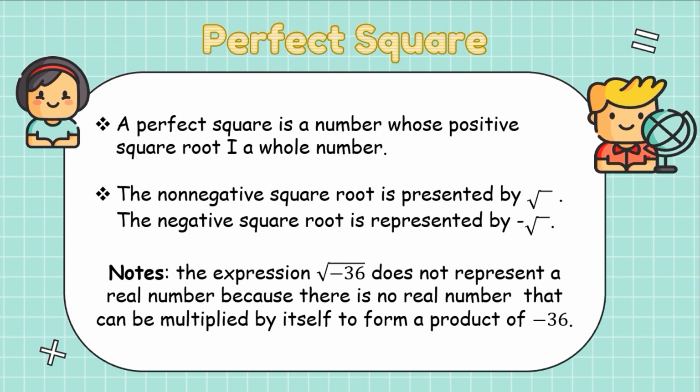For example, if we consider the number negative 36 and try to find its square root, we encounter a problem. The expression square root of negative 36 does not represent a real number, since no number can be multiplied by itself to give a product of negative 36. In other words, no whole number, when squared, will result in negative 36.